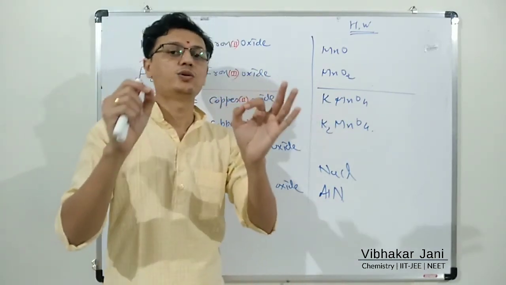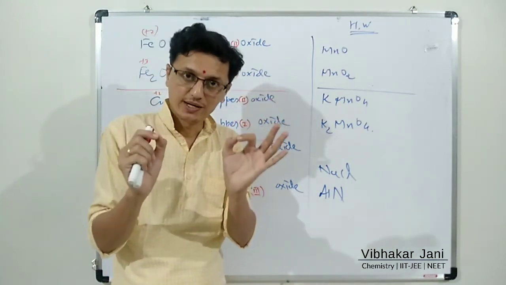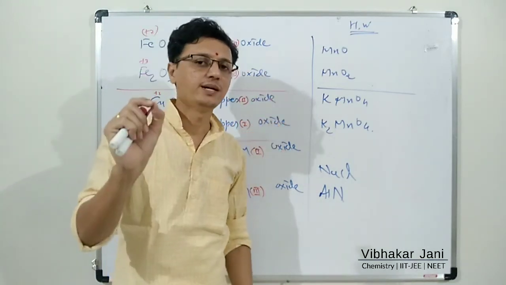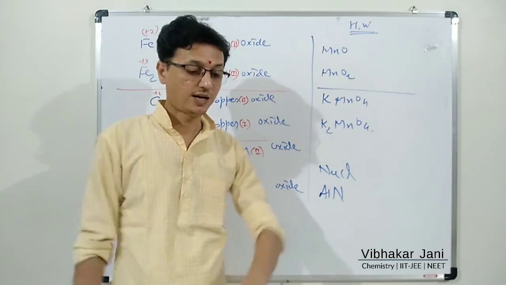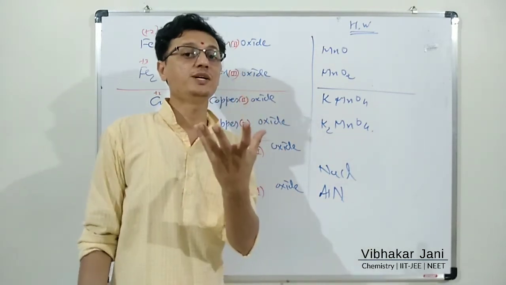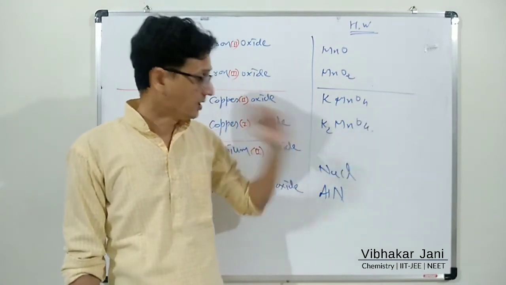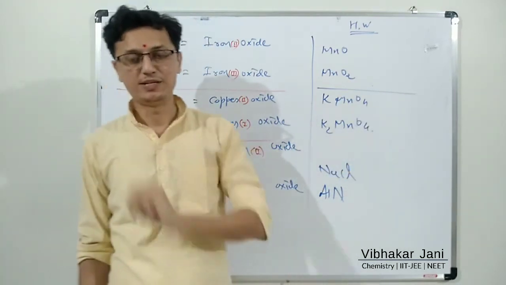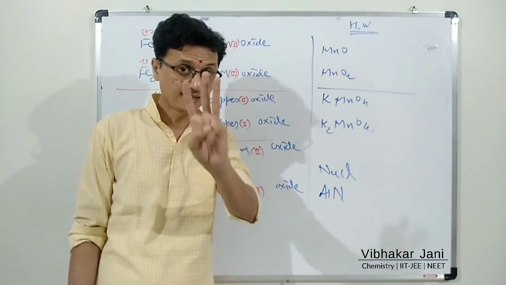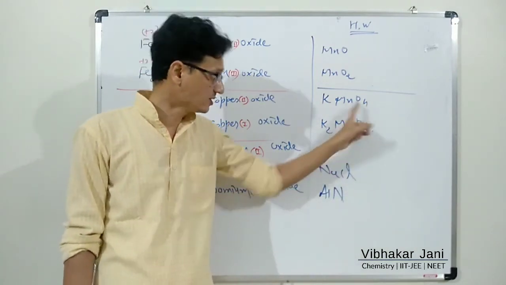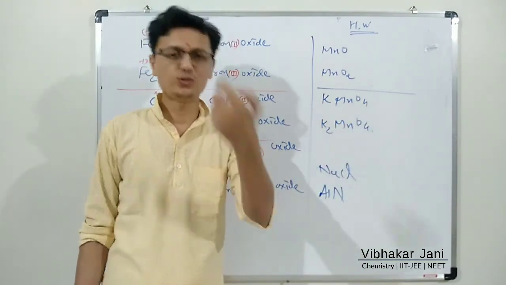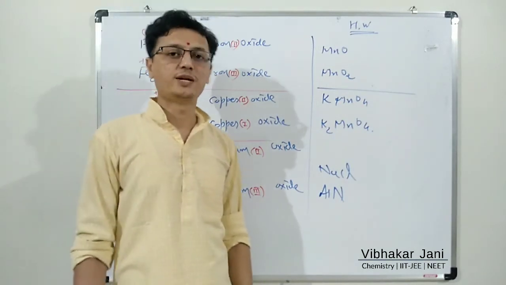If there are only two kinds of elements, then the name of the first element will be as it is, but after writing the name of the second element, you have to add the suffix ide. But if there are three elements and the last element is oxygen, then there is also a rule to give the name of such a compound.